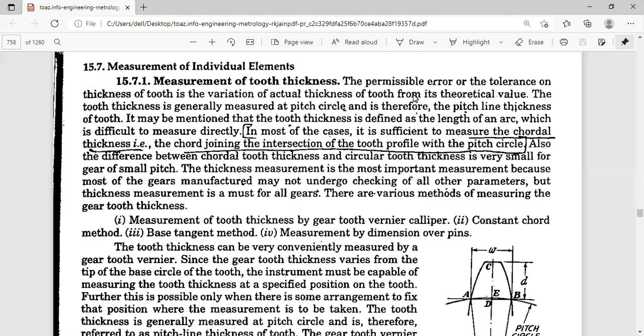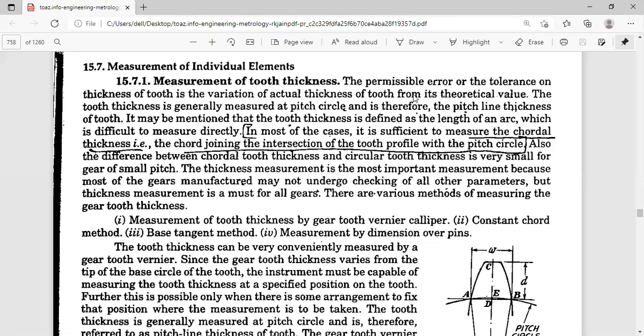Tooth thickness measurement is very important, because most of the gears we manufacture will not undergo checking of all the parameters. As I told you, we have to check 9 parameters along with profile and pitch. In runout we have to check the axial runout, radial runout, and side runout.